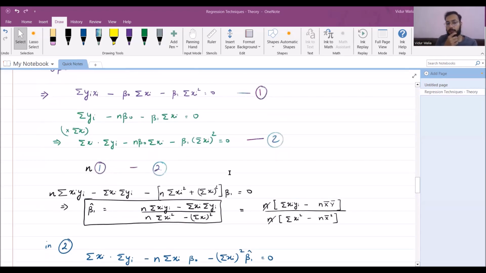Now just like we used to do in school, I multiply my first equation with n and subtract the second equation, right? So I get n sum of xi yi minus this value summation xi yi, then minus n times summation of xi square.